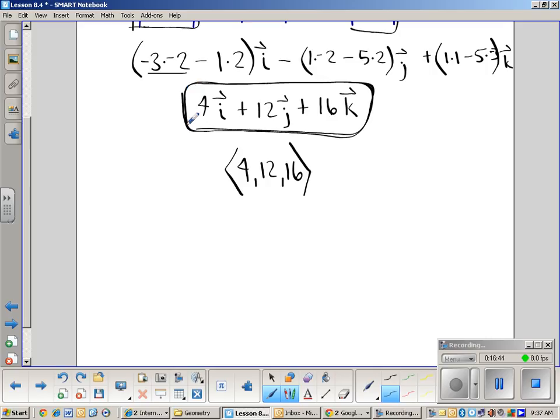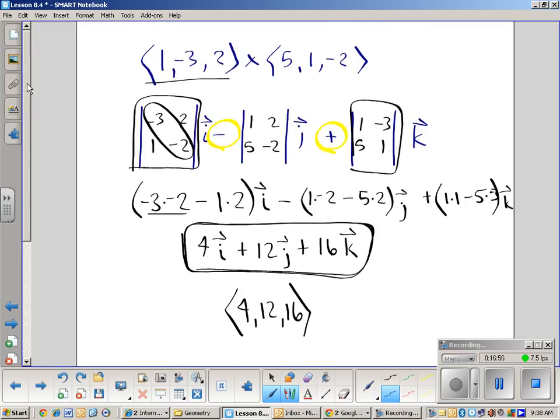How do we know if two vectors are perpendicular? Their dot product equals 0. So if we took this vector and this vector and found the inner product and it was 0, then that means it's perpendicular. If we took this vector and this vector and found the inner product and it was 0, that would mean they were perpendicular. If they're both perpendicular, then that means this is the cross product of those two.